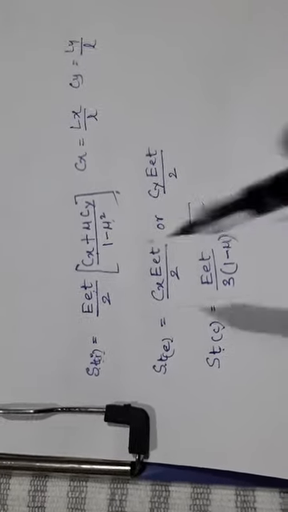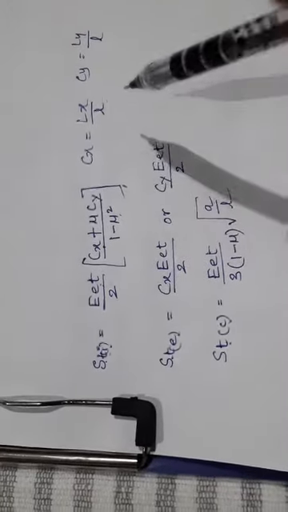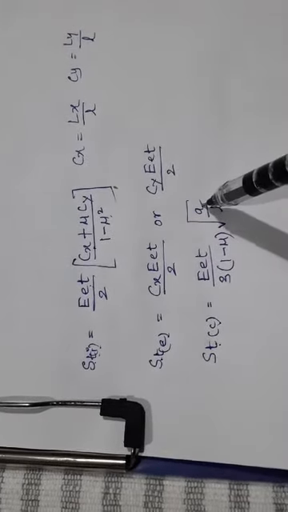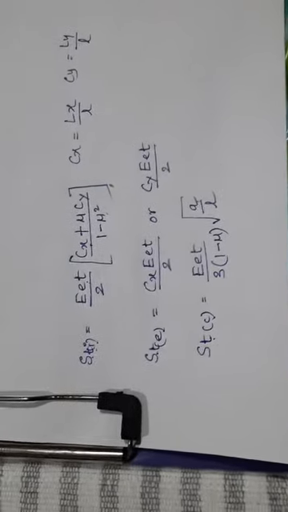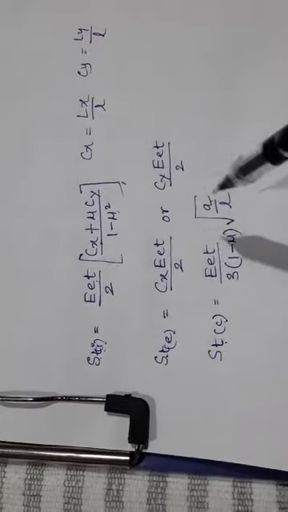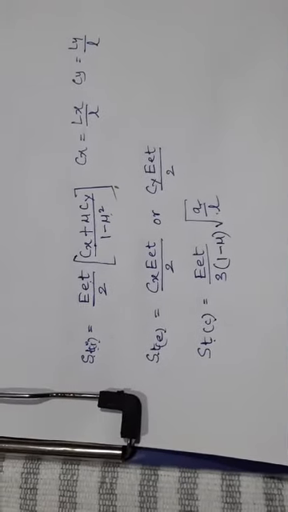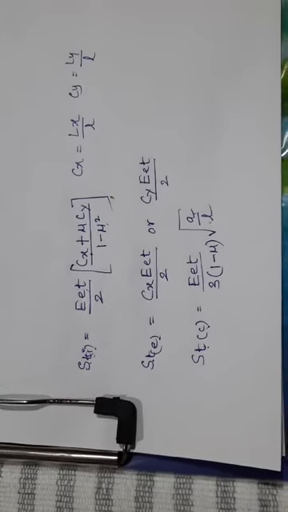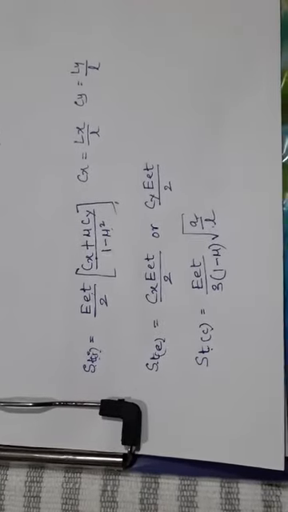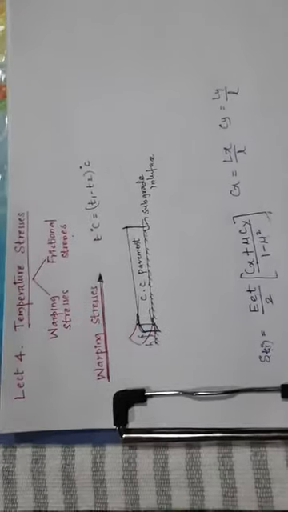Clear? And a is the radius of contact, and l is the radius of relative stiffness. This is all about the warping stresses.